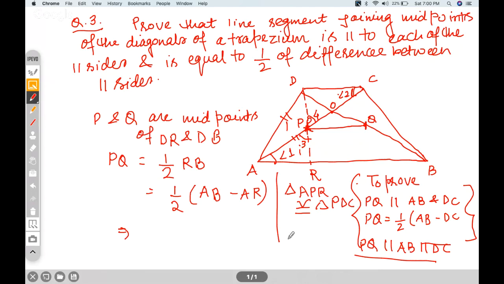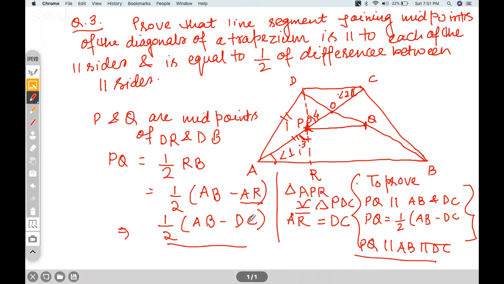So look here, opposite to angle 3 is AR and opposite to angle 4 is DC. So I can replace this AR with DC. So PQ is equal to half of AB minus DC. This is how you have to do it.